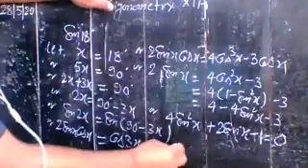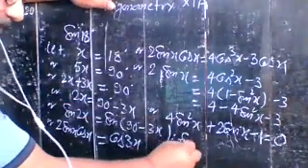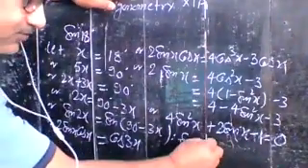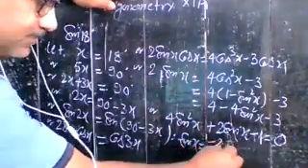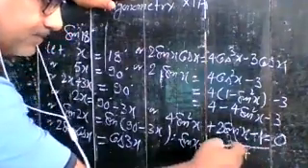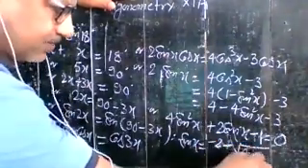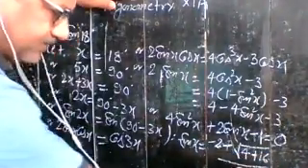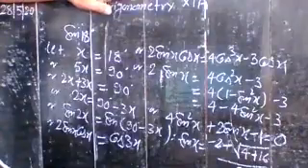Okay, write it. If you apply the quadratic formula, sine x is equal to minus b, so write here minus 2 plus under root b square, so you have 4 minus 4ac, so plus 16, and the whole divided by 8.